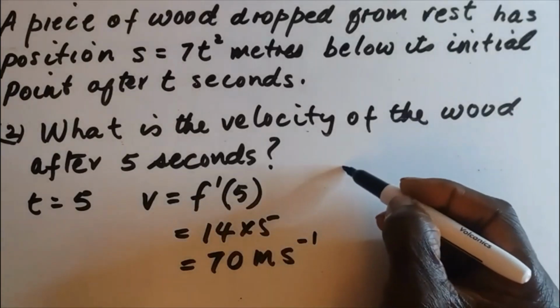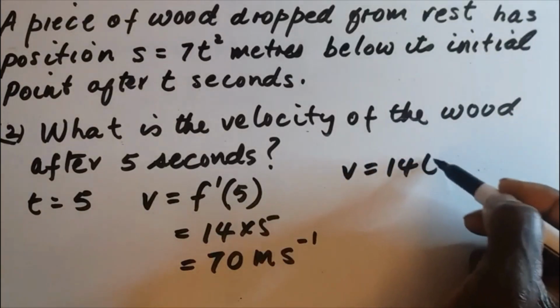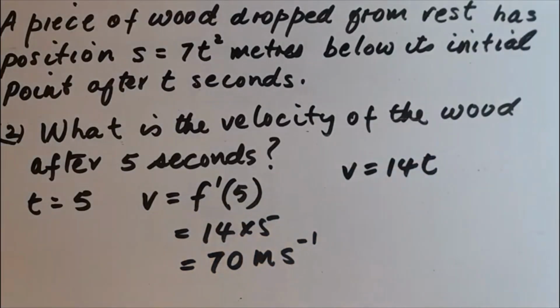So remember, our velocity function v is equal to 14t, after we differentiated the position with respect to time.